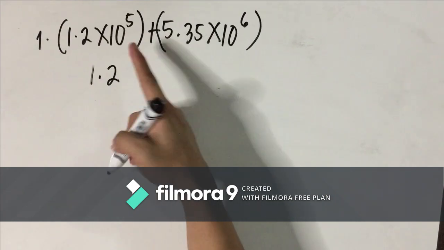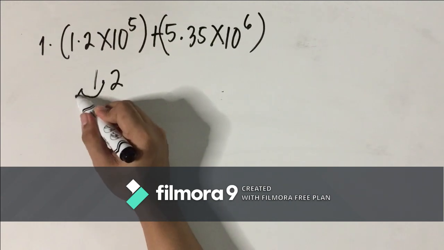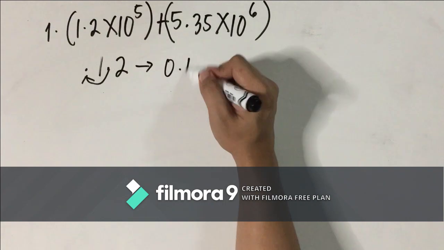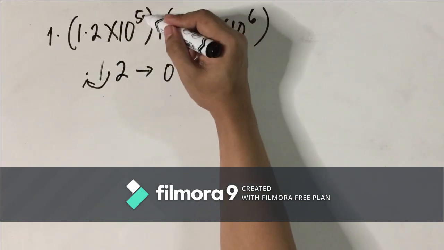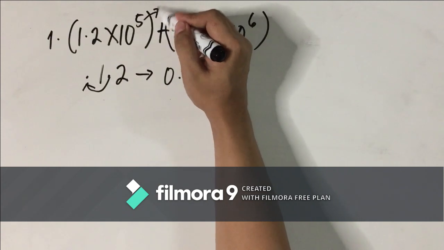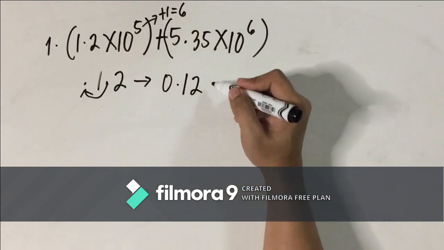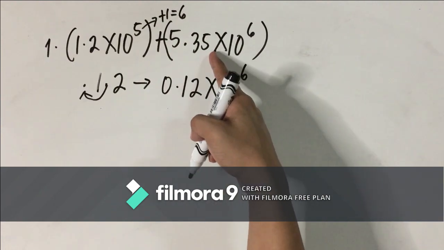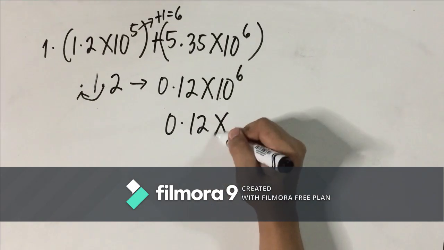Analyzing it, we have to move the decimal point from right going to left to make the exponent positive 6, because that becomes 5 plus 1, giving us the same exponent as the other given.